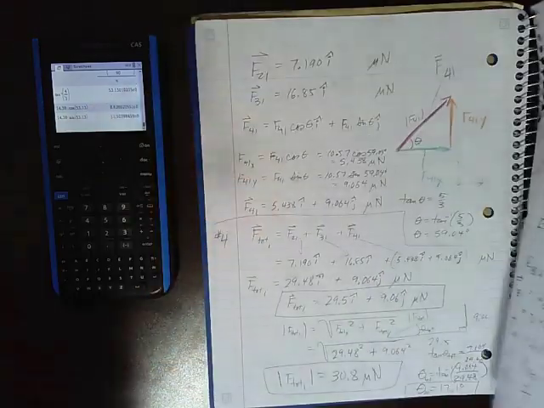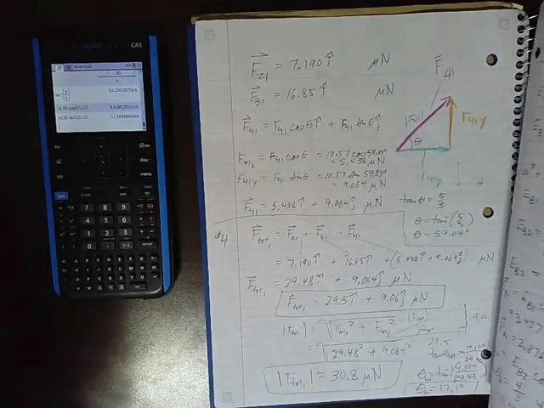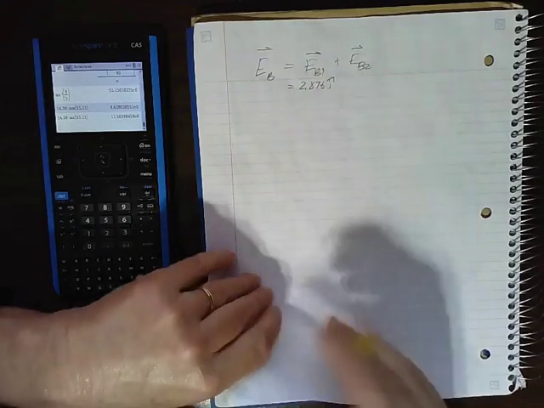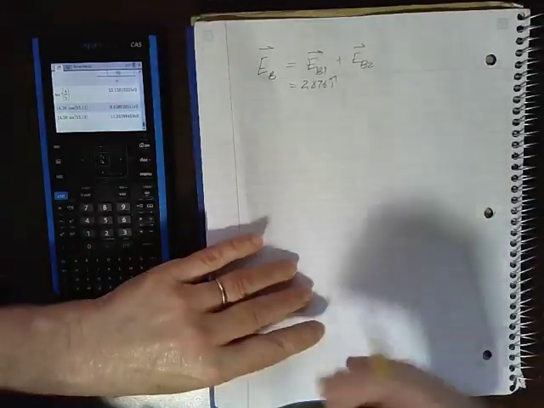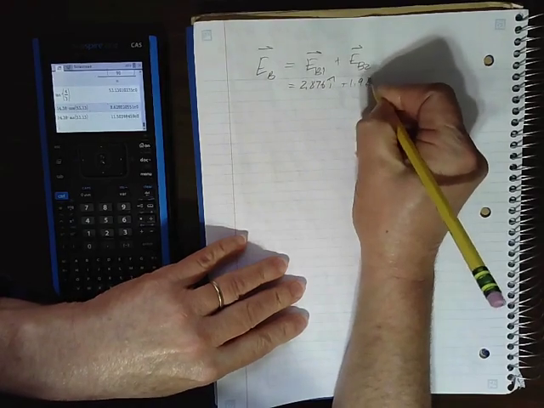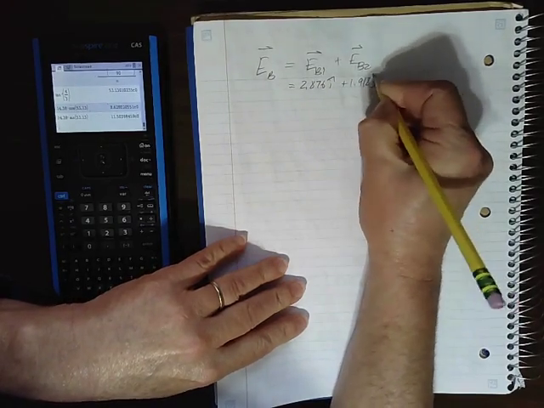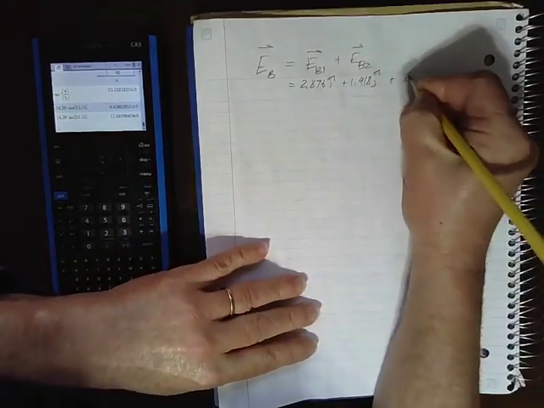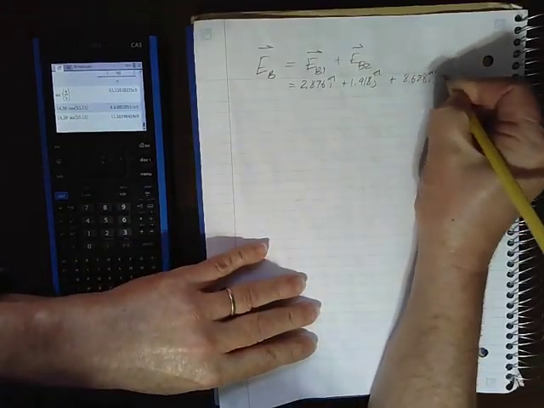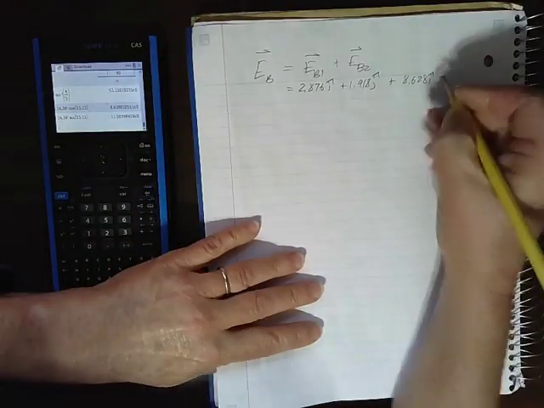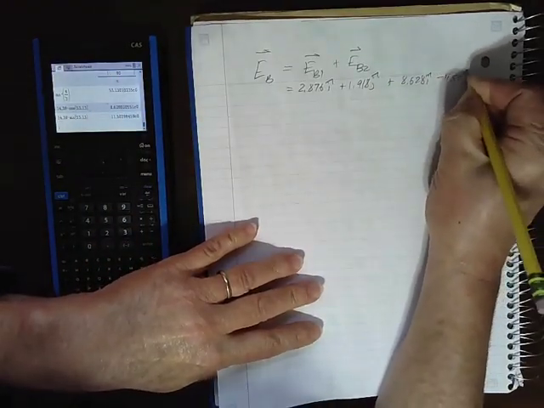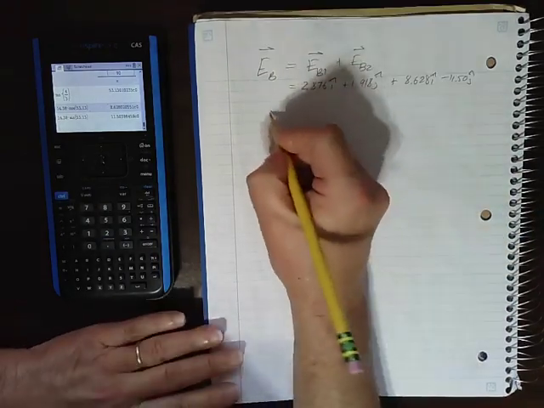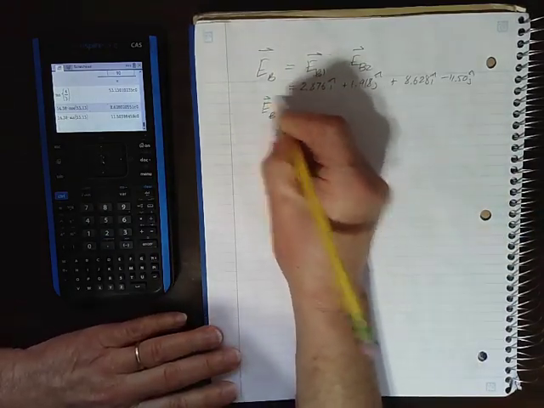EB1 as a vector, 2.876 i hat plus 1.918 j hat, plus EB2, 8.628 i hat minus 11.50 j hat. Again, gotta add only i's to i's, j's to j's, can't mix them together, it'll be wrong.